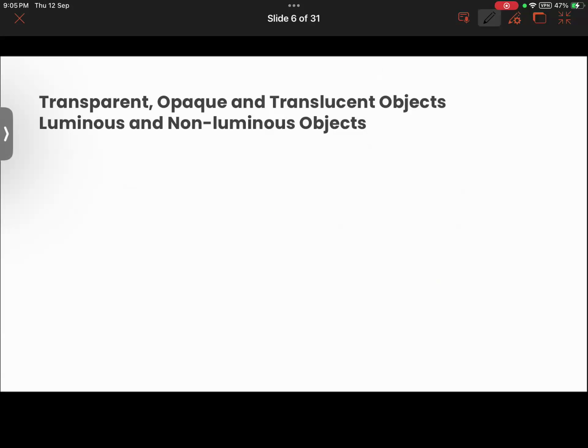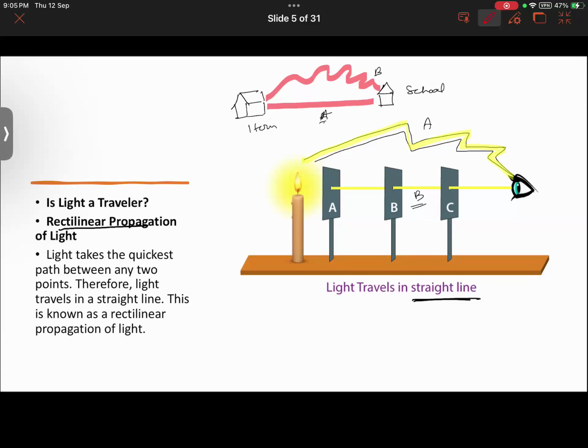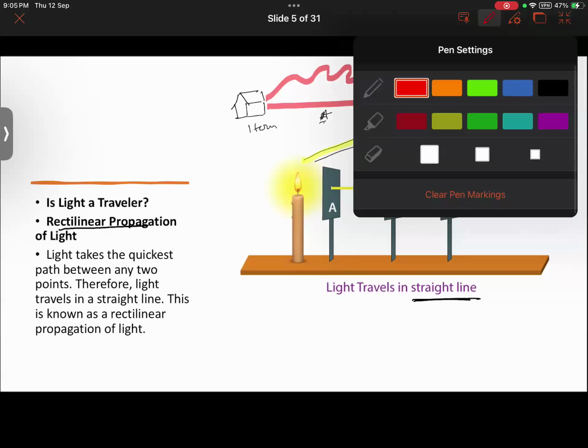Sir, if the question says that light travels in a straight line, justify. So I'm supposed to write yes, light travels in a straight line. There is one example of light traveling in a straight line: you can take three cardboard sheets and pin them.